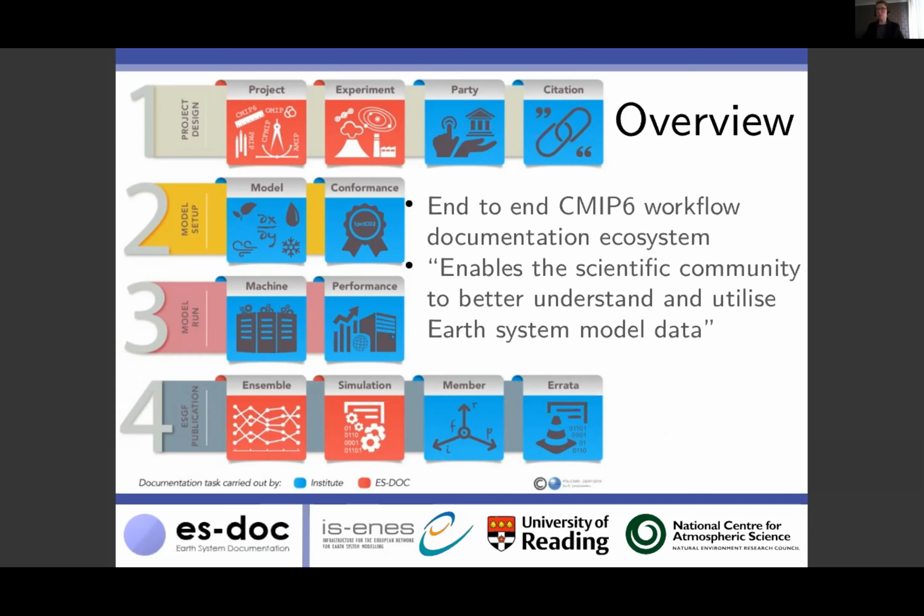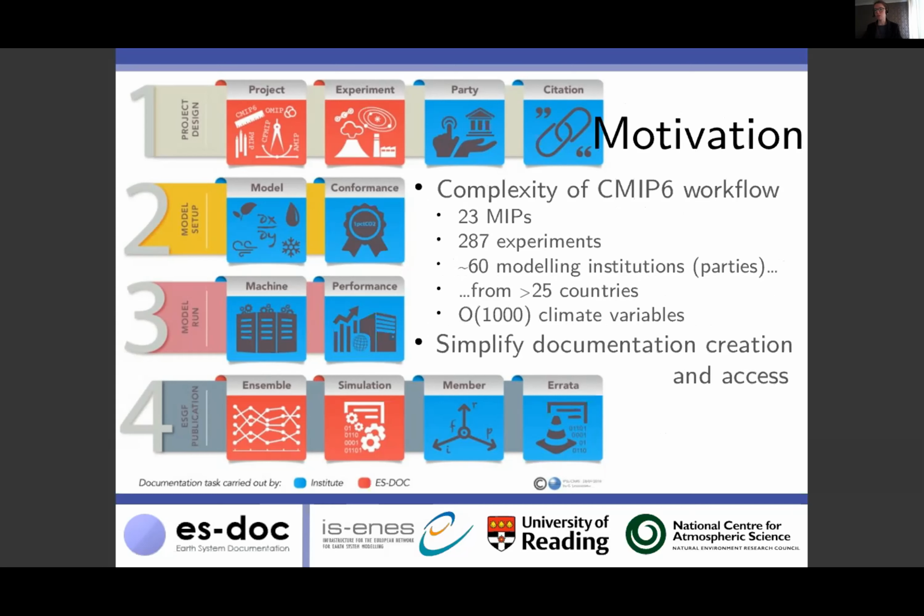Just to continue a bit more on the theme of motivation quickly, I've mentioned there are all these components in the diagram, but each one is complicated enough in itself. So for example, for CMIP6, we've got 23 model intercomparison projects, almost 300 experiments, about 60 modelling institutions internationally, thousands of variables.